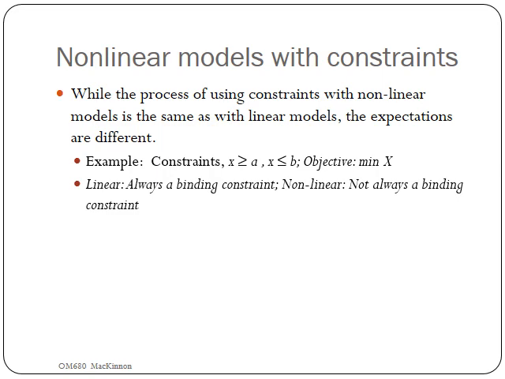If it's going to go down, it always goes down. So if we don't put a halt to it, it'll keep going forever. But with nonlinear models, there isn't always a binding constraint.